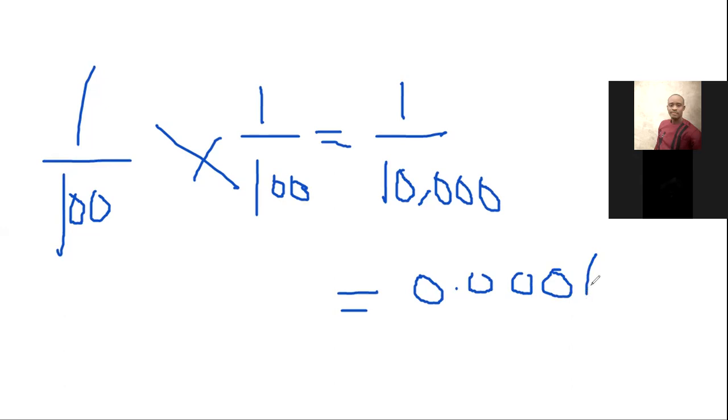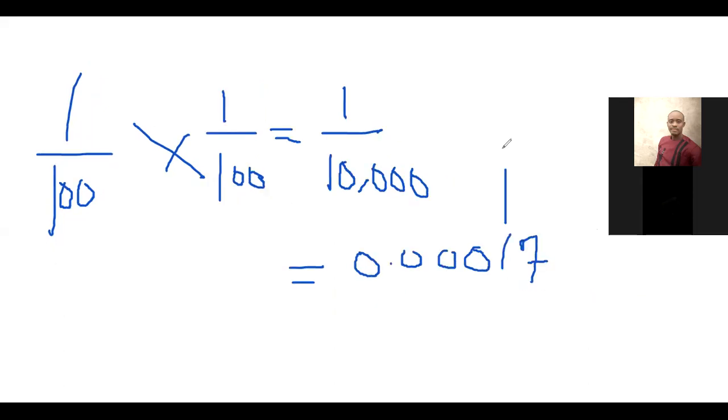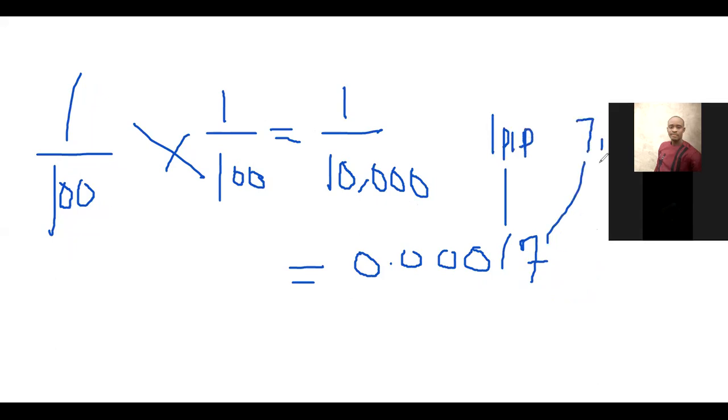And let's say we have the value here, like 7. In the forex market, this is seen as 1 pip, while this other one is seen as 7 pipettes. The first one is seen as 1 pip, while this one is seen as 7 pipettes.